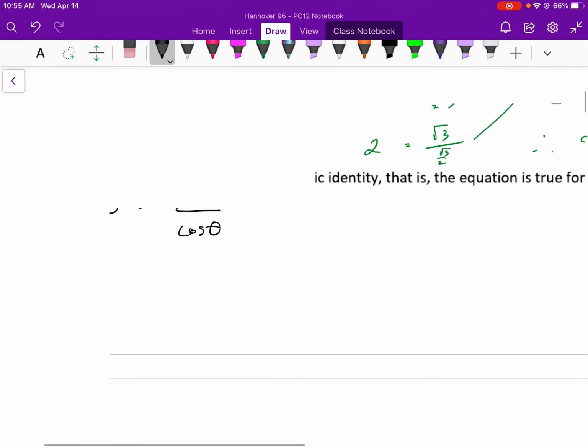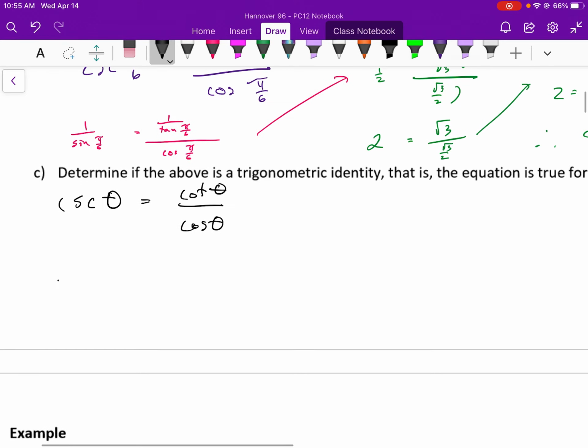So I'm going to start off, and I'm going to call it the left-hand side. So the left-hand side is equal to cosecant theta. The right-hand side is equal to cotangent theta over cosine theta.